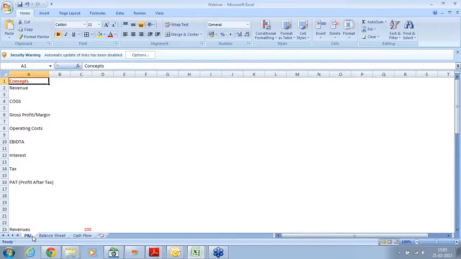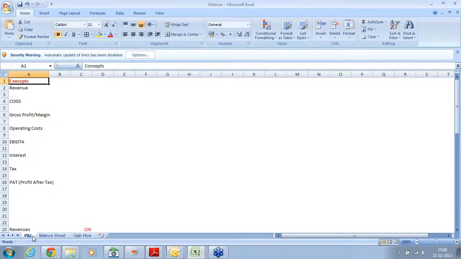As budding entrepreneurs, I presume you will be doubling up as your finance head, because most of your team will consist of people who are accounts specific, that is, they record information. But the analysis part will be completely your responsibility. So based on these presumptions, I shall go ahead with my presentation.